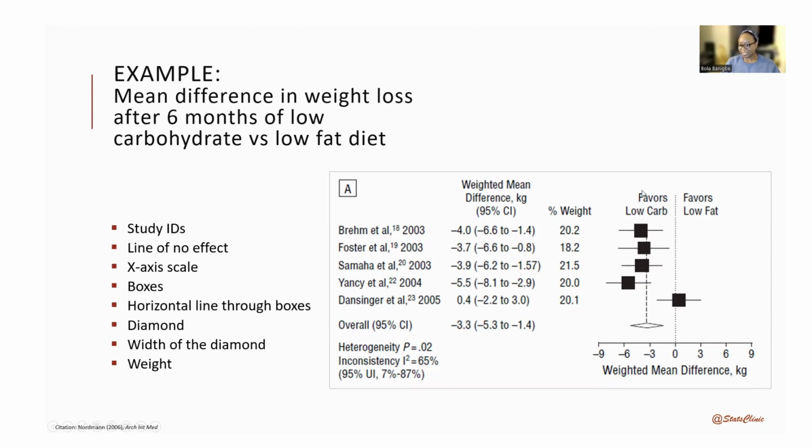And here you can see it favors a low carb diet. So this result suggests to us that people who received the low carb diet lost more weight than people who received the low fat diet. So basically that's what this forest plot is telling us, and you can see that they use the mean difference.